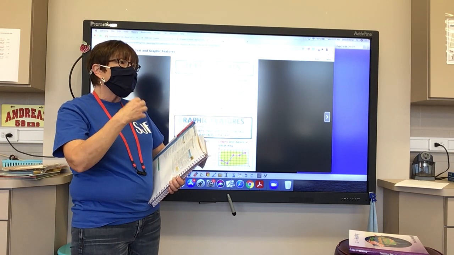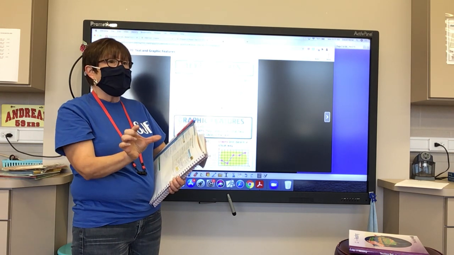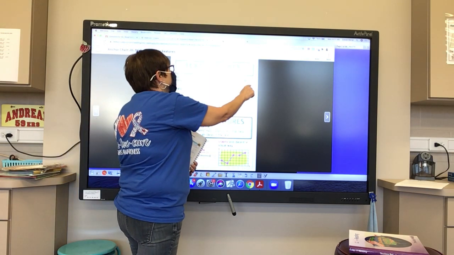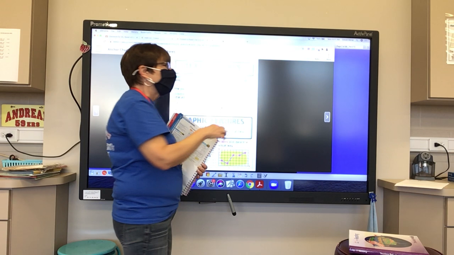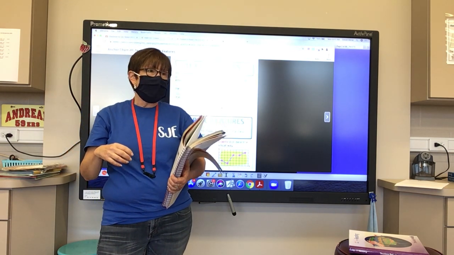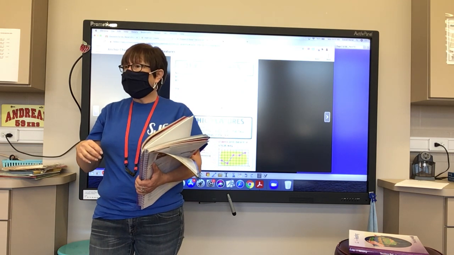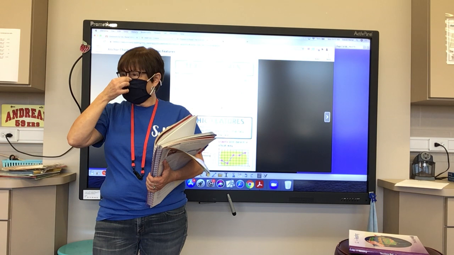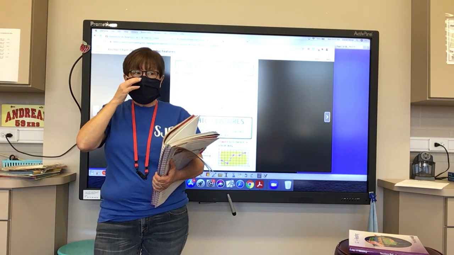Now, we also see sidebars. Now, a sidebar is like this. They're boxed information that adds to the main text, so it's extra information. We see that a lot when we're reading. Who's ever seen something with a sidebar? Have you ever seen that?